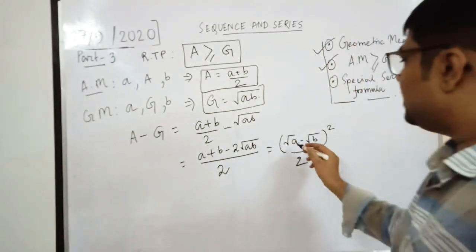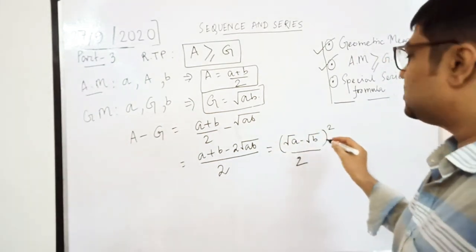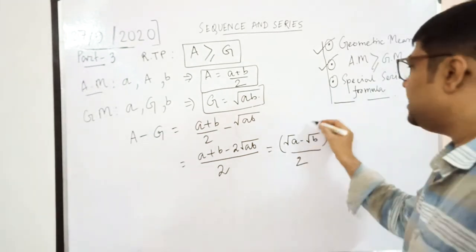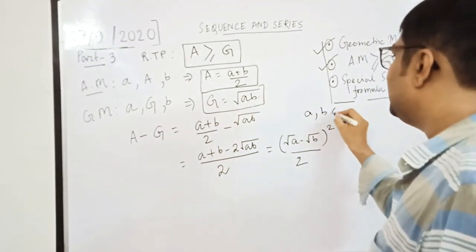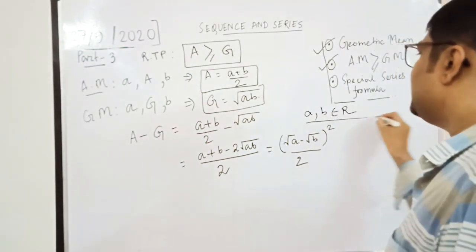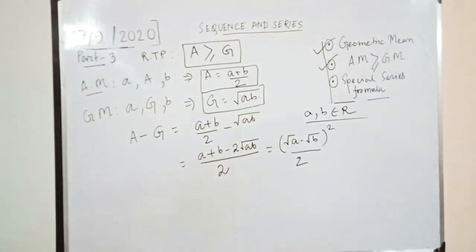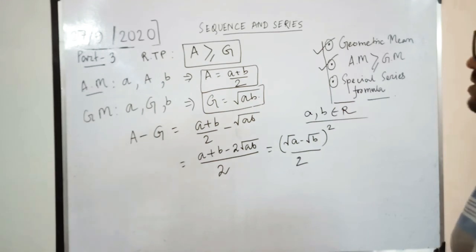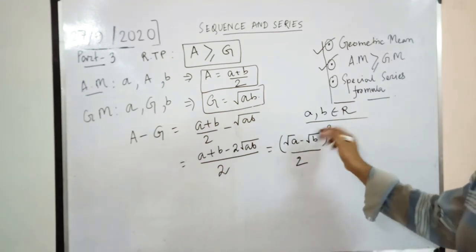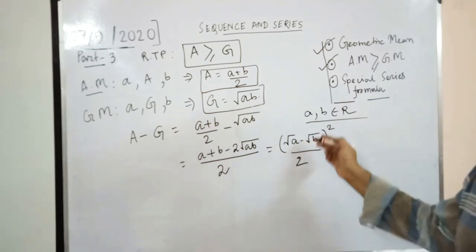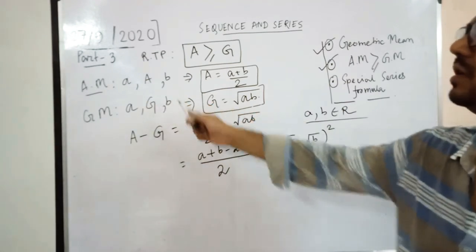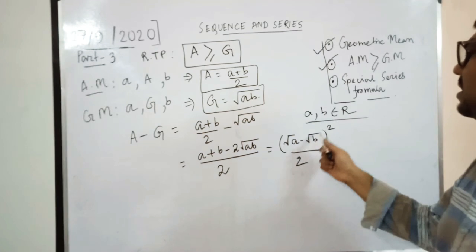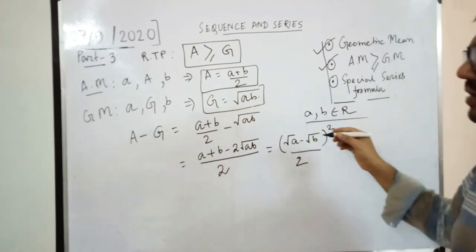Now look at these numbers. It is a square. Okay, the square is what? It's either 0 or more, if a and b are any kind of real numbers. The difference, root a minus root b, will be 0 if a and b are equal, or if they are unequal, then this will be positive.